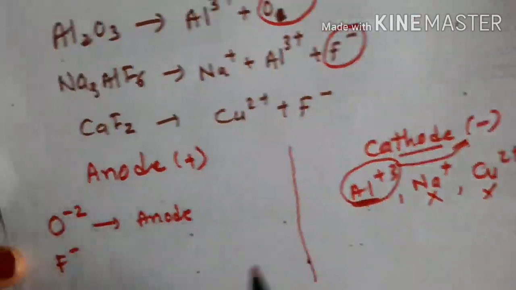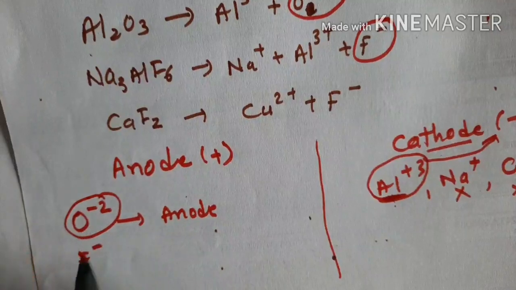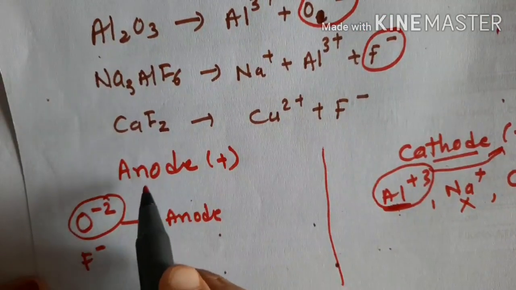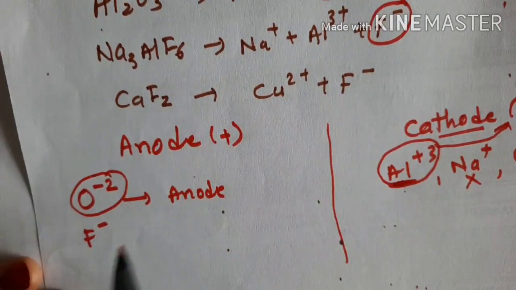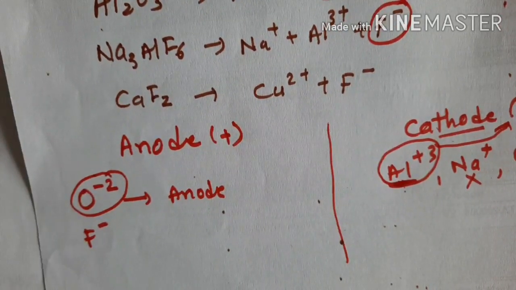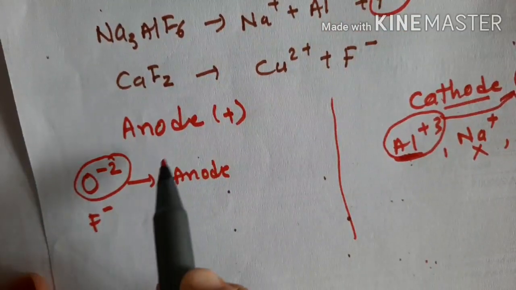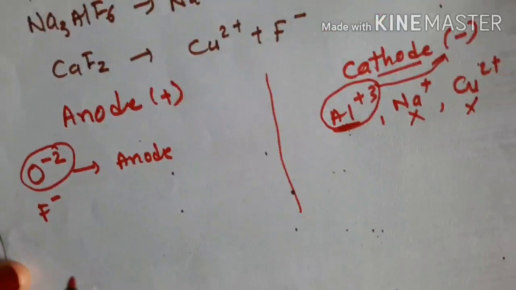Same thing here also. Oxygen is liberated on the anode. This is a non-metal, but about this you will learn in the electrochemistry chapter, which will be liberated on the anode and cathode, that series also will come.